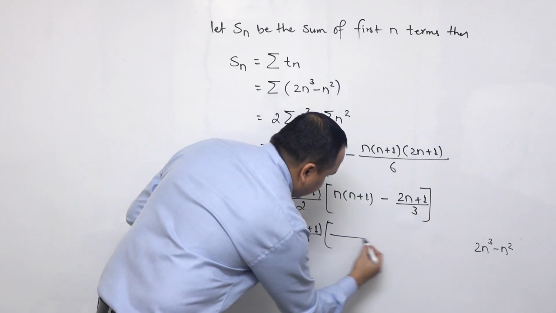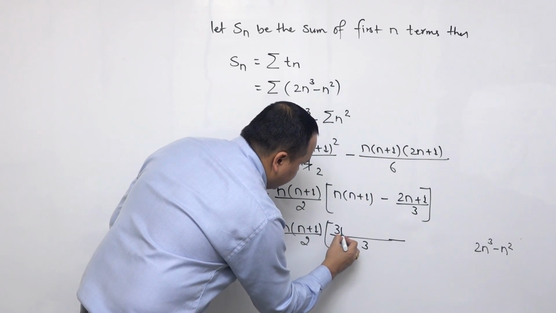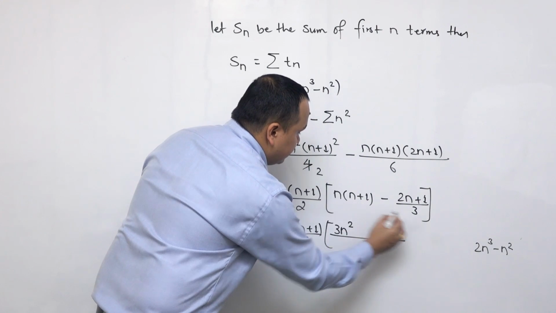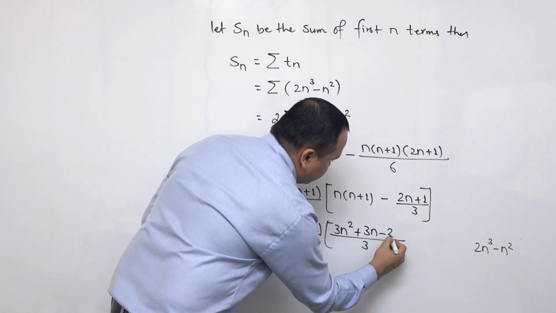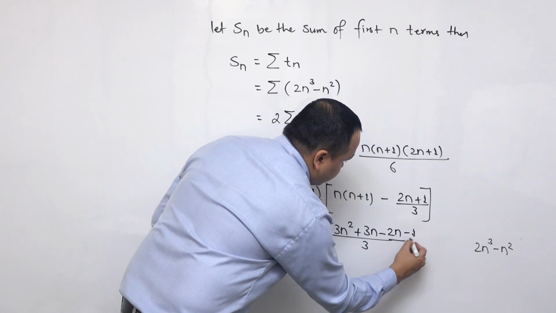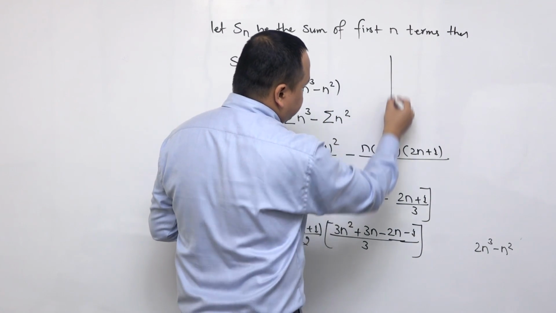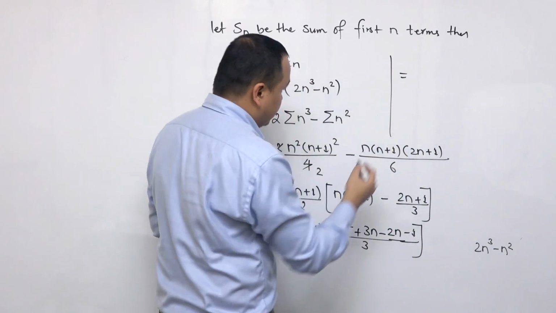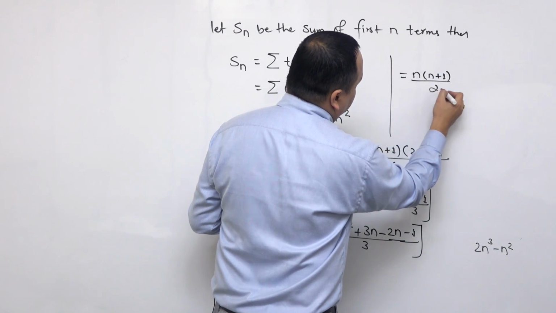Here taking LCM 3, the 3 times 3n square plus 3n minus 2n minus 1, and continue. N times n plus 1 divided by 2.